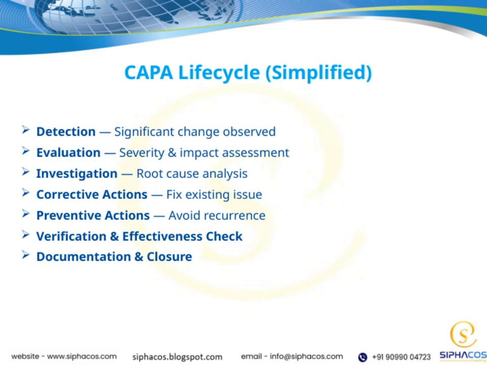Finally, we document everything thoroughly and close out the CAPA. Proper documentation ensures accountability and provides a record for future reference, completing the cycle. By following this life cycle, we create a proactive approach to quality management, continuously improving and maintaining high standards.